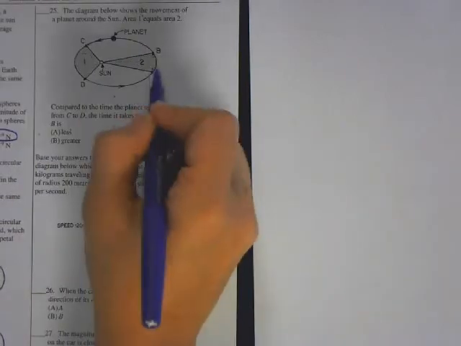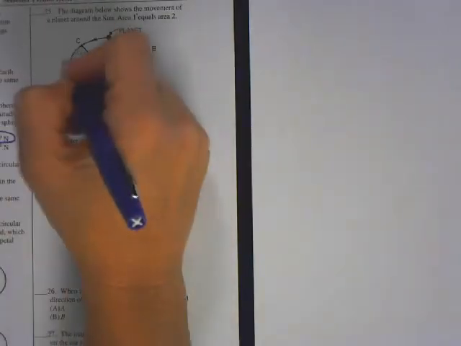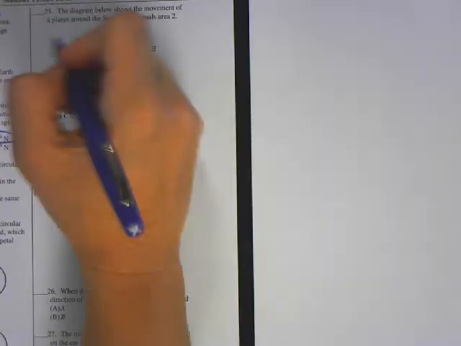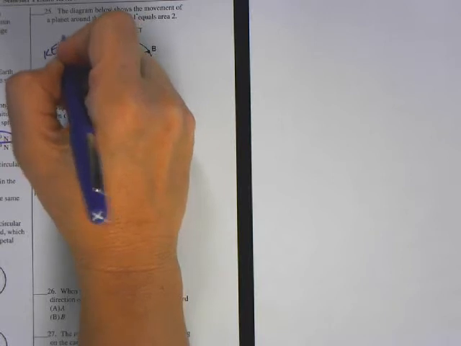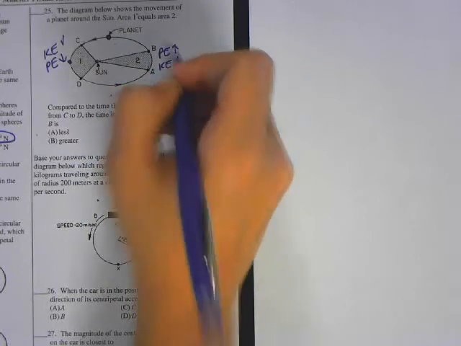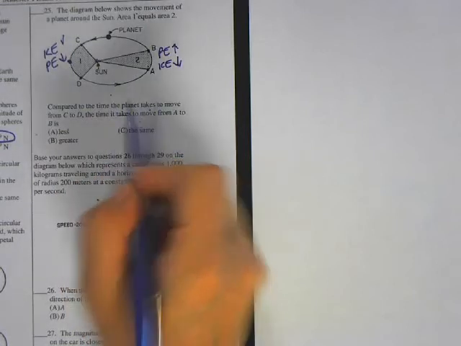When the Earth is closer to the sun, it moves faster, the kinetic energy is greater, and the potential energy is less. And over here, the potential energy is greater and the kinetic energy is less. So we know that the times are the same. Equal areas and equal times.